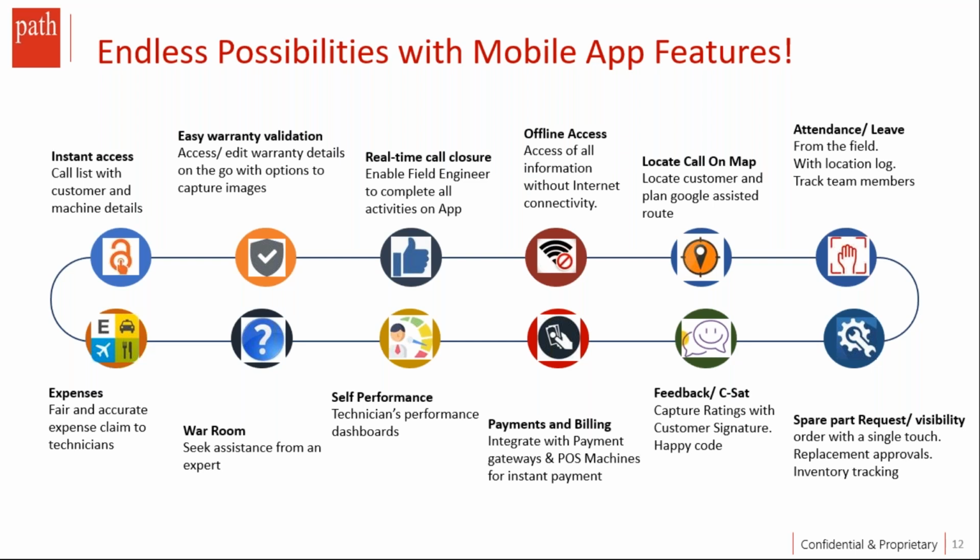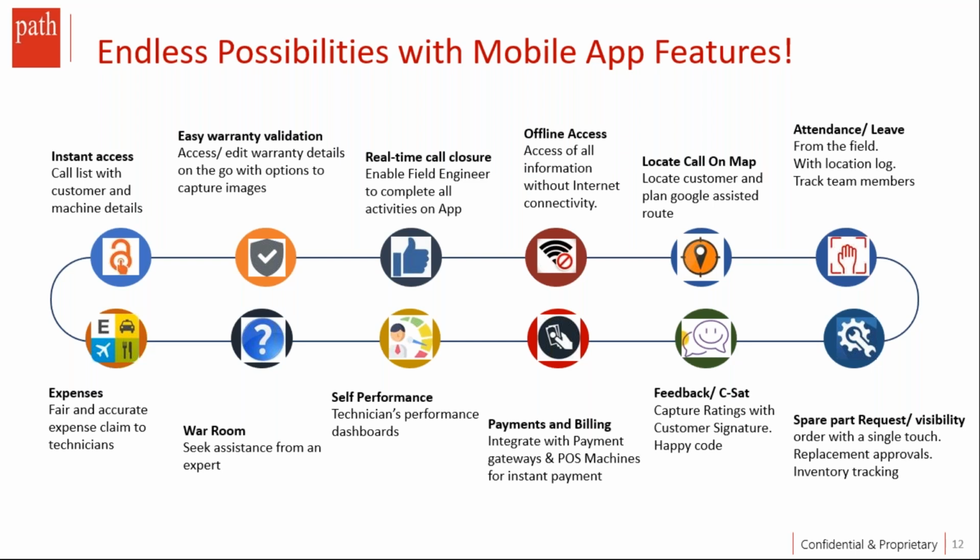Any reply which comes on the war room can be used as help and assistance, and this reply can be tagged to a call, so that the next time anybody finds a similar problem, you have a solution. And very important is also expense management of all the technicians. It can be a fair and accurate expense claim for technicians. So these are some of the features that we have listed, which should be there in most mobile applications while you are adopting one.